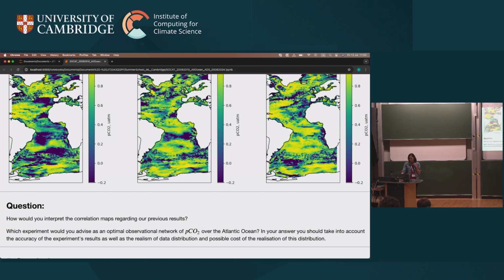You can play with color bars. Yeah, good question, and there is a lot of discussion.